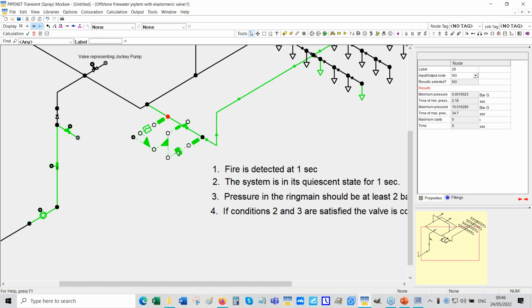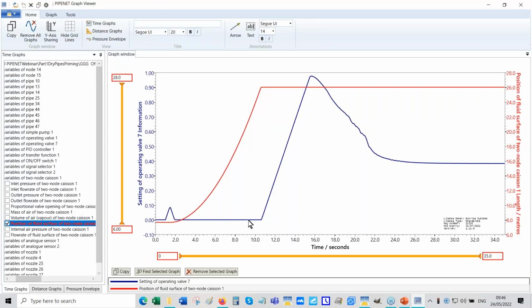But of course, it takes time for the PID controller to respond. And so it takes time for that valve to open. And of course, it overshoots because all control systems overshoot. And so the valve elastomeric sleeve overshoots and then comes back to its final steady state value. So this is how the system is working.